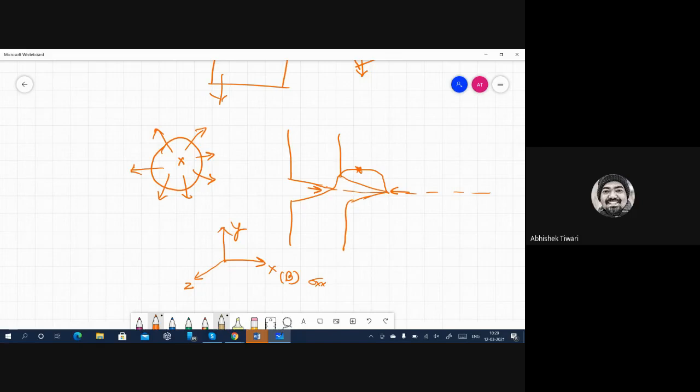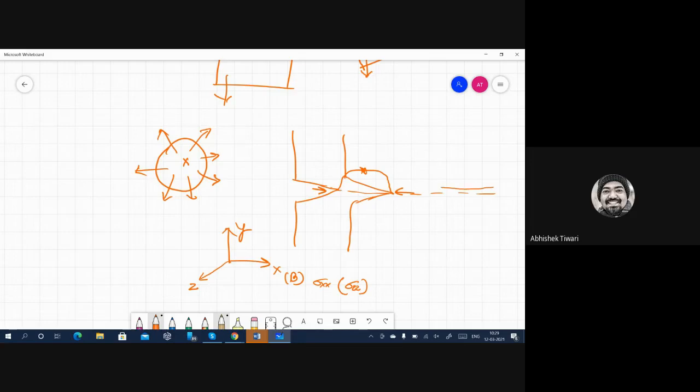Usually in the books, you will see the nomenclature is sigma zz because they take the thickness in the z direction. So here the stress starts from zero at the surface, goes to a maximum in the center. But this is one way of looking at it. If you look at it in the other direction, the stress applied is sigma, and then as you go to the crack tip, you have a maximum here.